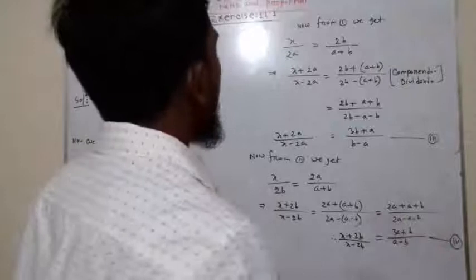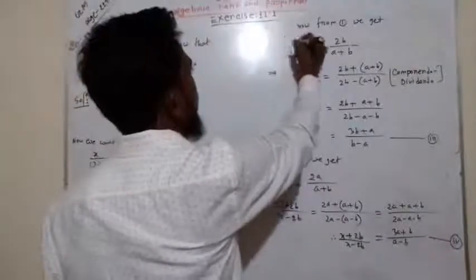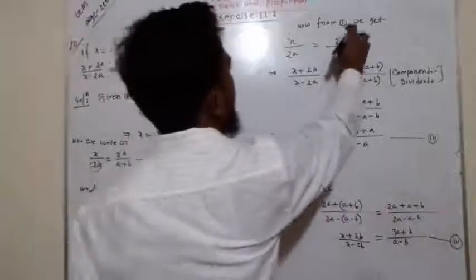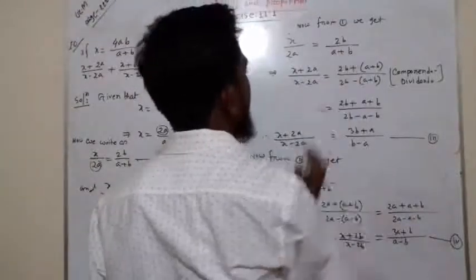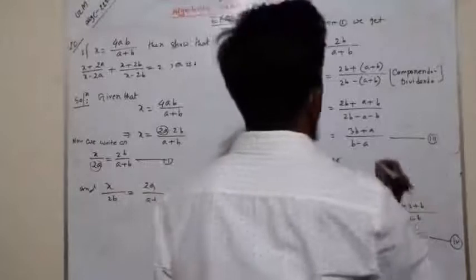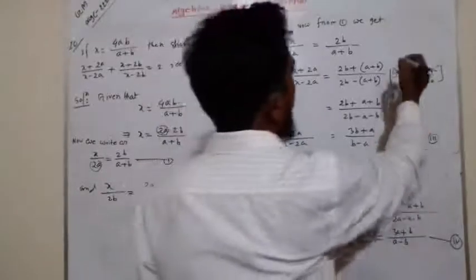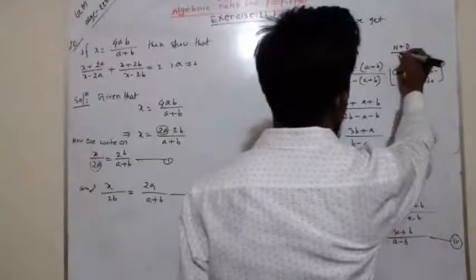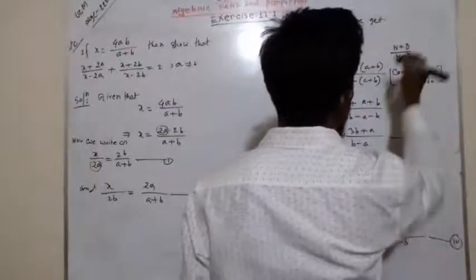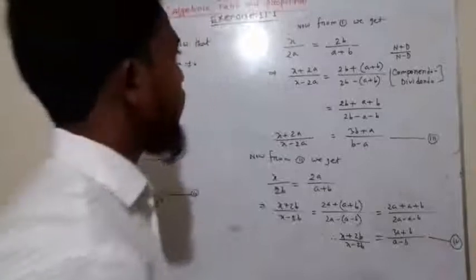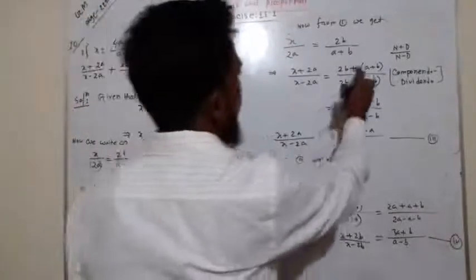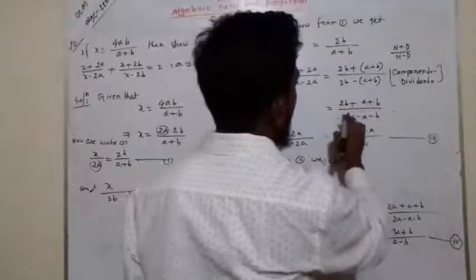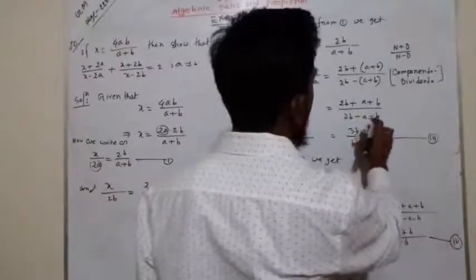Componendo and dividendo, here the x is numerator and 2a is denominator. Here 2b is numerator and a plus b is denominator. So the law of componendo and dividendo is numerator plus denominator divided by numerator minus denominator on both sides. So simplify this line: (2b + a + b)/(2b - a - b).